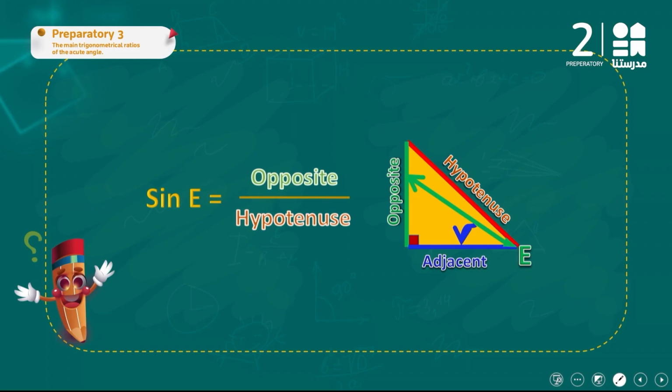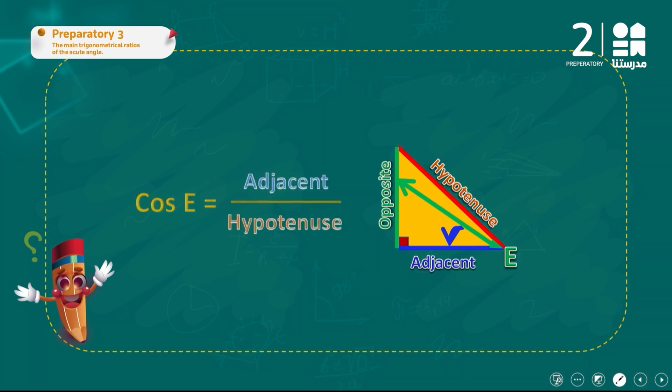Let's illustrate what is meant by sine E. Sine angle E is a ratio between the opposite to this angle inside the right angle triangle and the hypotenuse. So if you find this ratio, easily you can find sine angle E. What about cosine angle E? It's a ratio also between the adjacent to the angle E and the hypotenuse inside the right angle triangle.